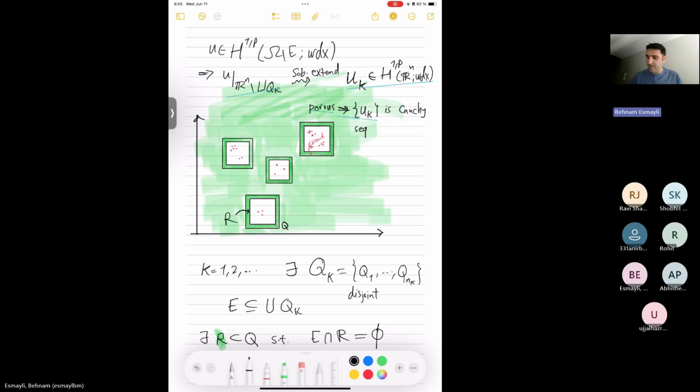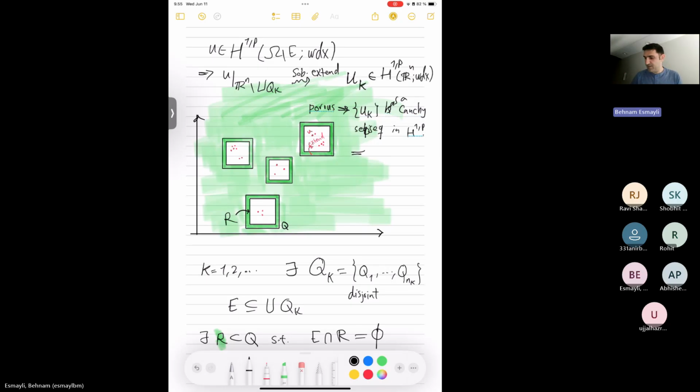or after maybe passing to a subsequence, it has a Cauchy subsequence in H^{1,P}. But what was the biggest benefit of moving to Sobolev spaces?